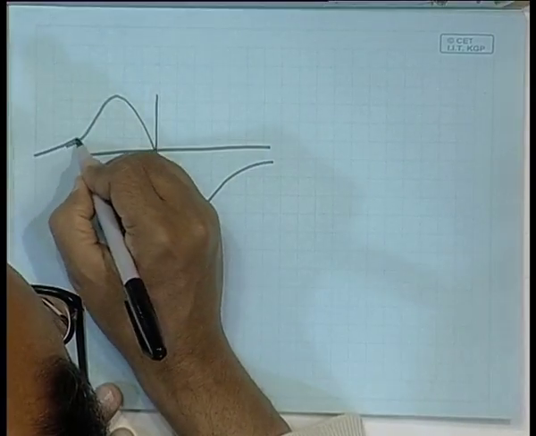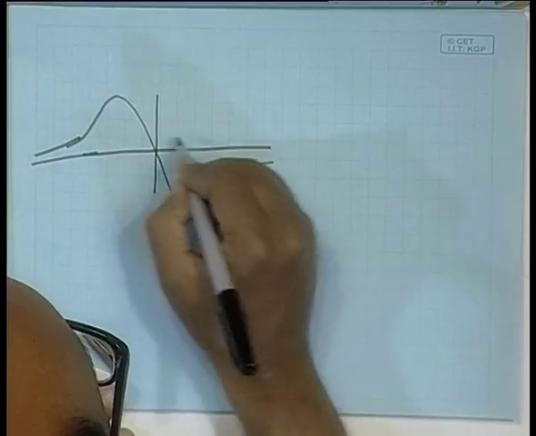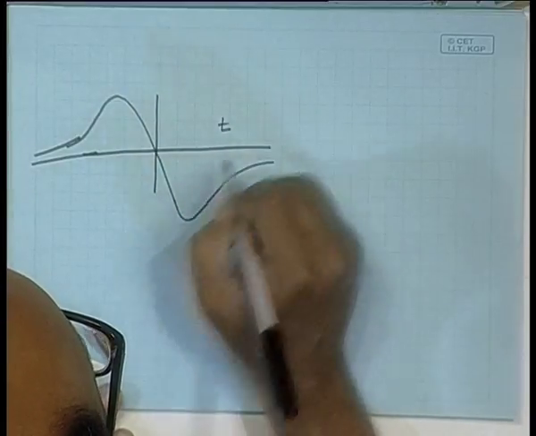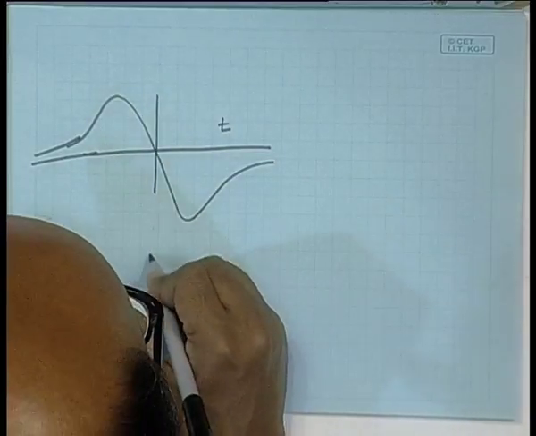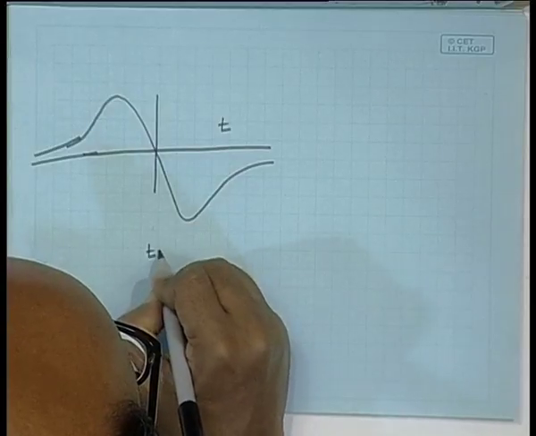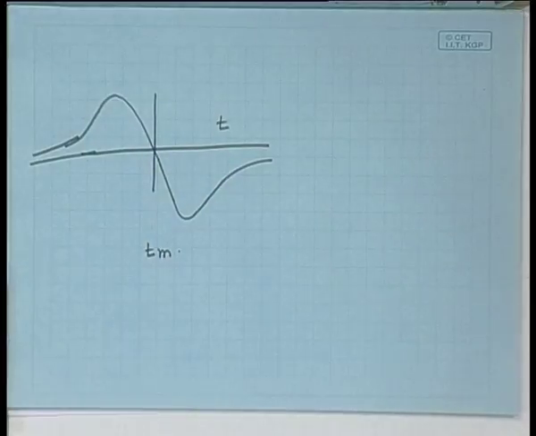This goes to 0 at large time, and this instant of time where the velocity is 0 is the Tm, the instant when the displacement is maximum. Okay. So, that brings us to the end of the problems which I wanted to discuss.